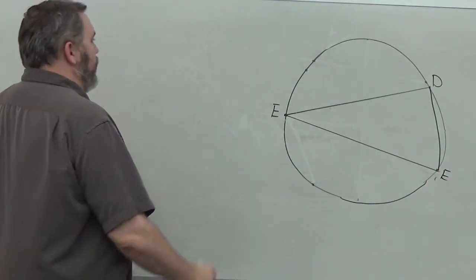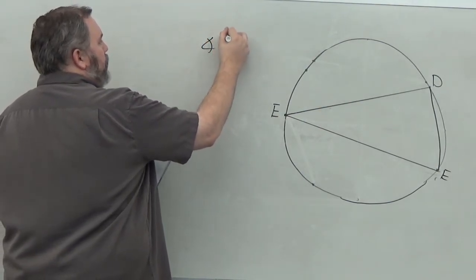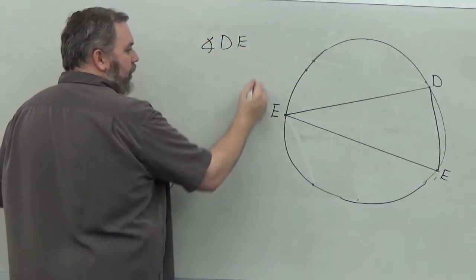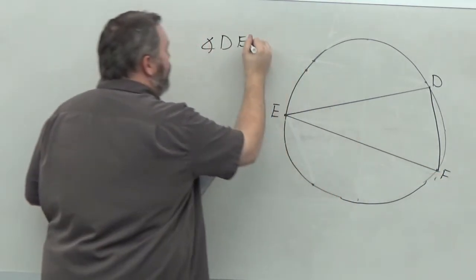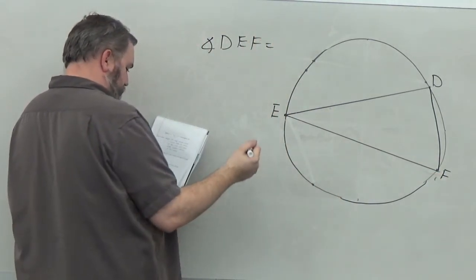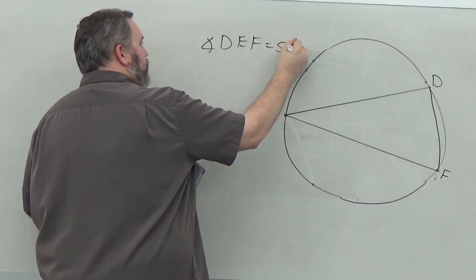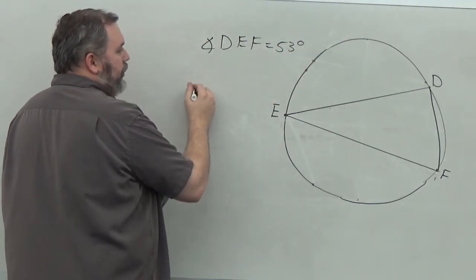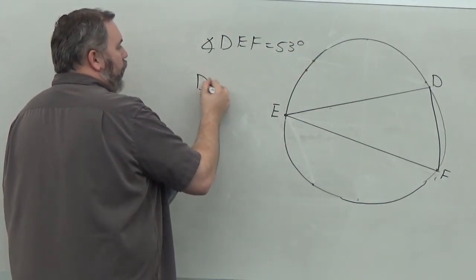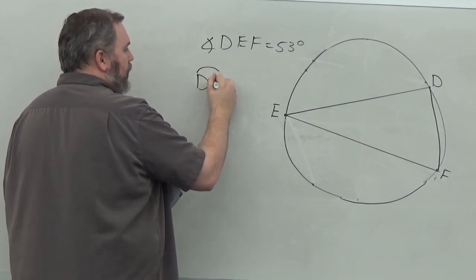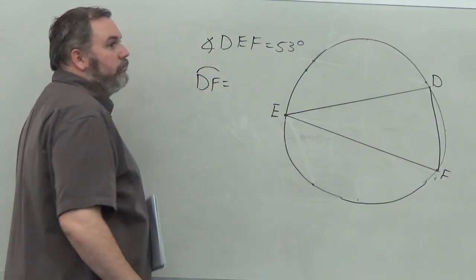This is what I know. I know that angle DEF is equal to 53 degrees. My question to you is, arc DF is equal to what?